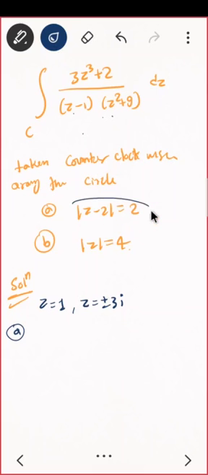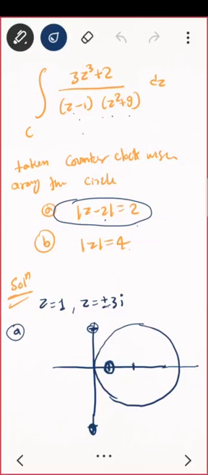Can you draw this? For the second, center 0 and radius 4. Perfect. And do you see that all the singularities lie inside? 1 and plus minus 3i, everybody lies inside that, right?